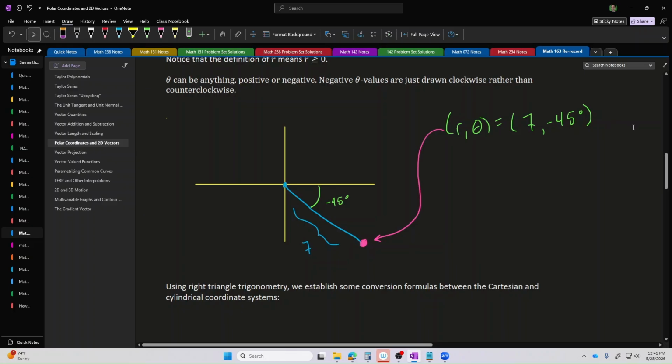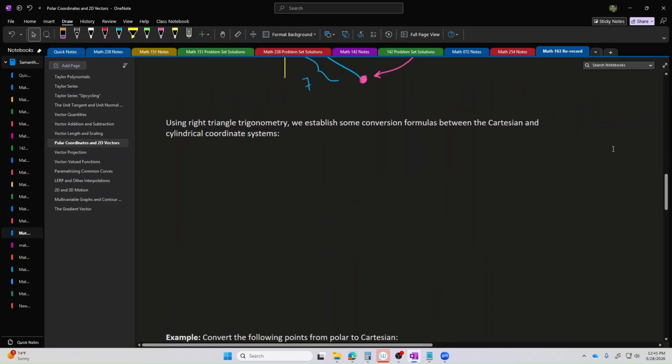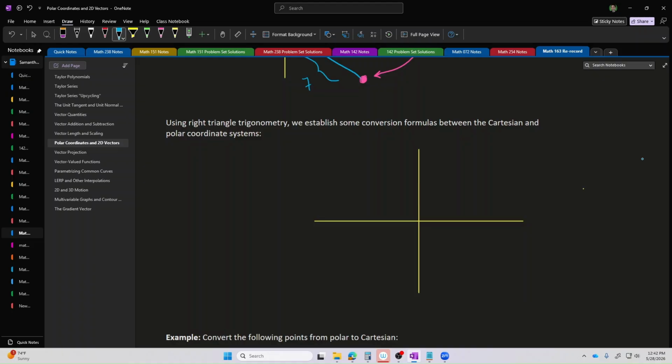You can use right triangle trigonometry to establish some conversion formulas between the Cartesian coordinate system and the polar coordinate system. I'm going to mark down a certain point in two-dimensional space, and describe this point both in polar and in Cartesian.